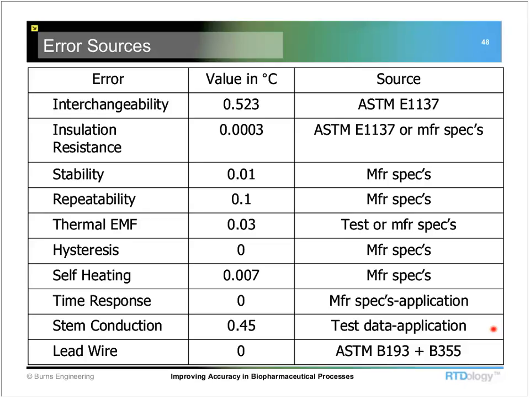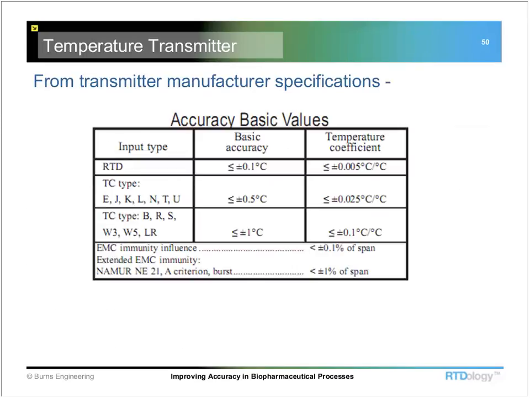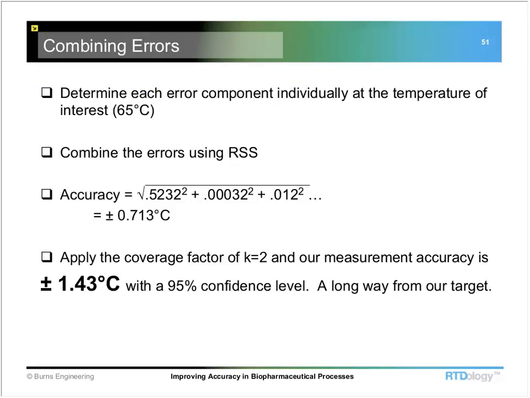And this was a number that was just kind of guesstimated from the graph we looked at earlier. Again, almost half a degree C. So you can already see that we're going to calculate a number here that's not going to be better than 0.5 degrees C. In addition to those numbers for the RTD, we have the transmitter, and you can pull these off the manufacturer spec, include that in your calculation.